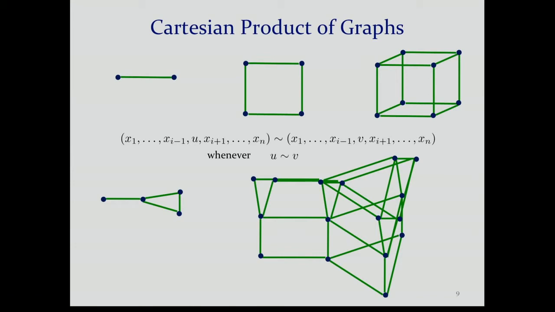So you have all these vertices identical, and then you have uv, where uv is an edge in the original graph. So that's the Cartesian product of a graph. Right? Any questions so far for the definition? So you see in a straightforward manner that an edge gives you a hypercube. If I pick a path, I get the grid. If I pick a cycle, I get the torus. Right? And so on.